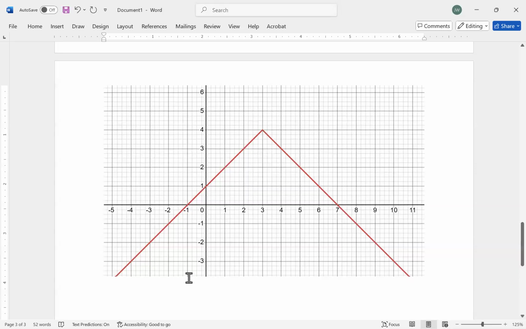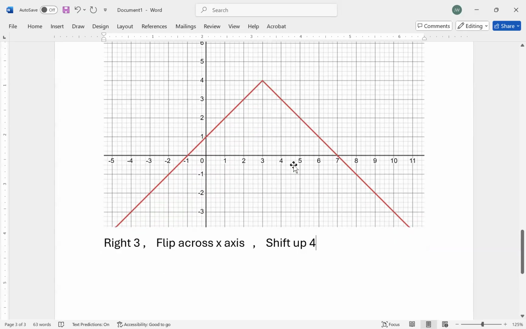So we did right 3 units, then did a flip across the x-axis, then shifted it up 4. There's no horizontal or vertical stretch because notice that as you move 1 unit down, you move 1 unit over. So there's no horizontal or vertical stretch that I need to worry about.